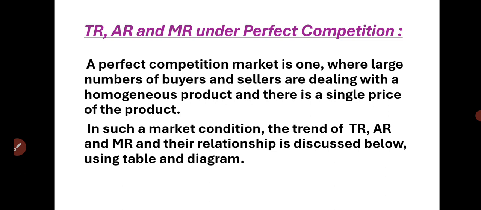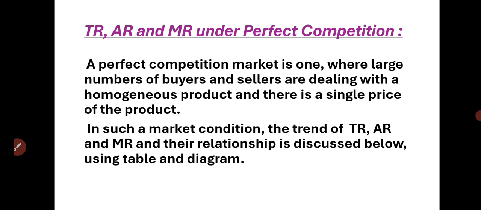Under perfect competition market, we know that there are a large number of buyers and sellers, a homogeneous product, and a single price of the product. All the firms producing in that industry sell the commodity at a single price, a particular price, and the products are homogeneous.